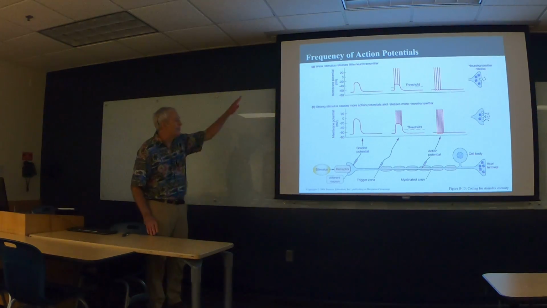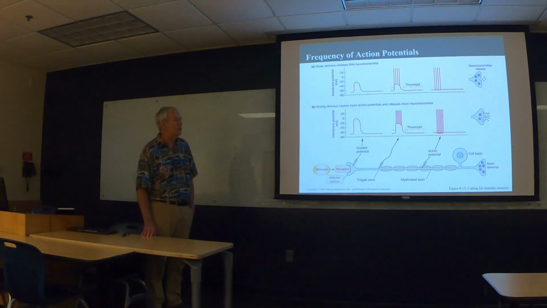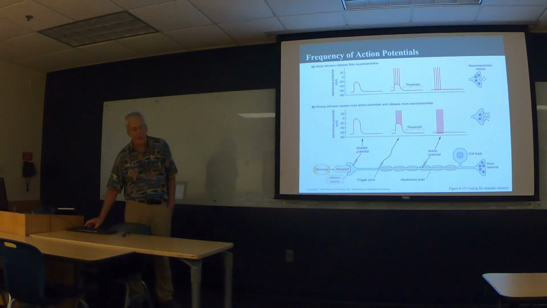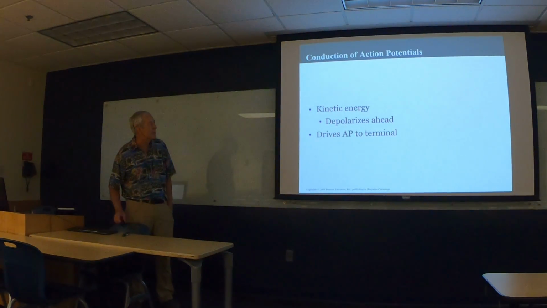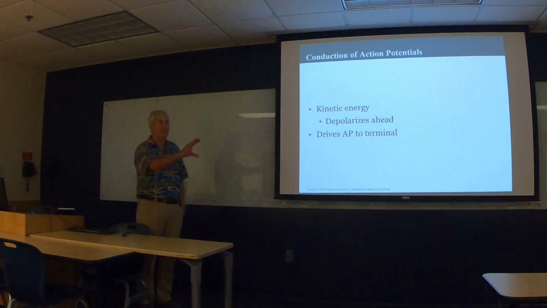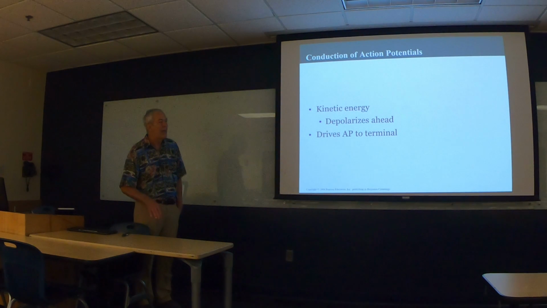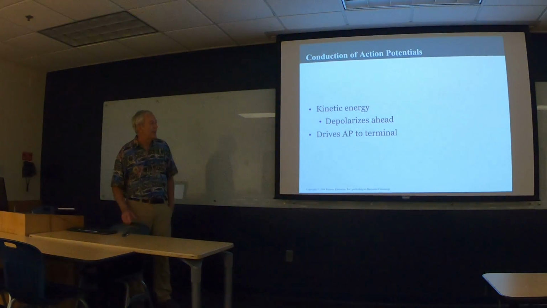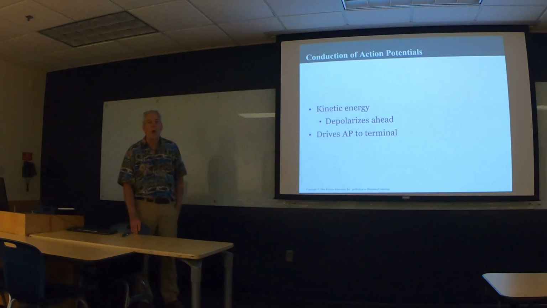All right, so the frequency of action potentials, as is shown here, if you have more action potentials, it results in more neurotransmitter release. And typically the action potential depolarizes the sodium channels and opens them ahead of that action potential, and it drives the action potential to the terminus of the neuron, which then opens voltage-gated calcium channels.